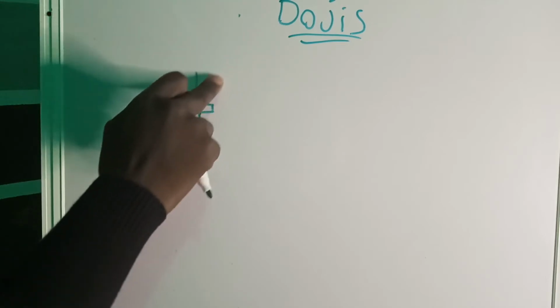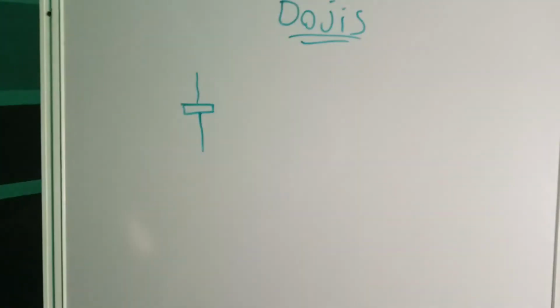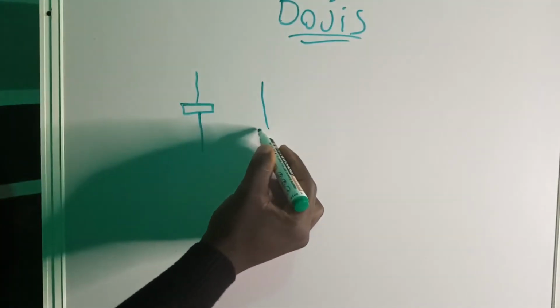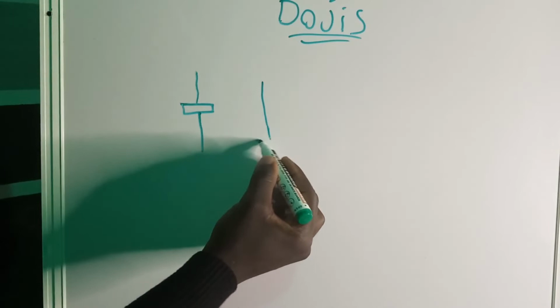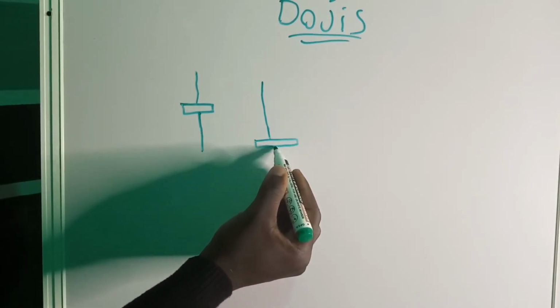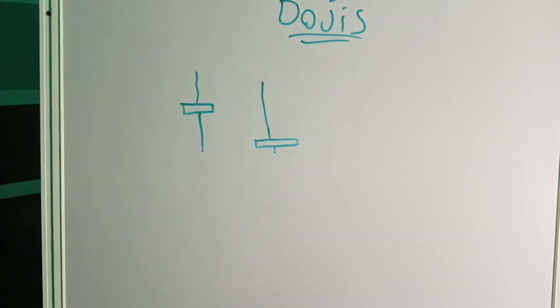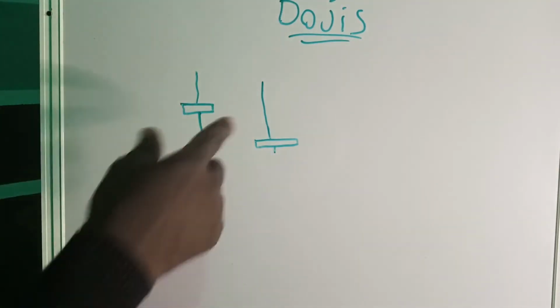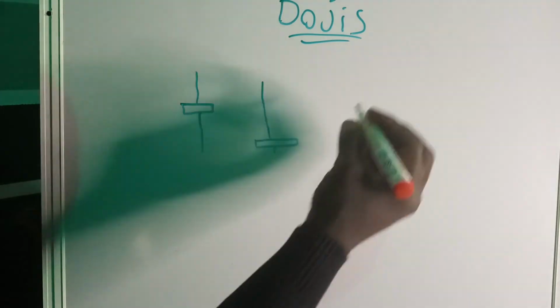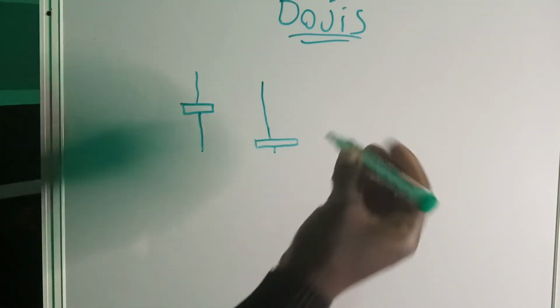Now, another form of doji is the gravestone doji, which is like this. The small body will be below, with a small wick, and sometimes you will not even find a wick. This is how the gravestone doji is. And the next doji is the dragonfly doji.